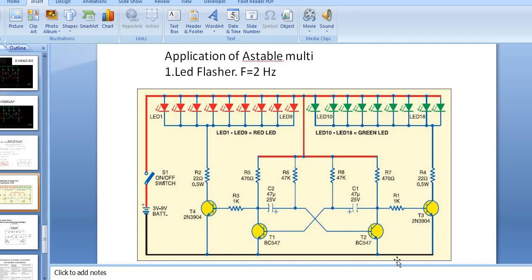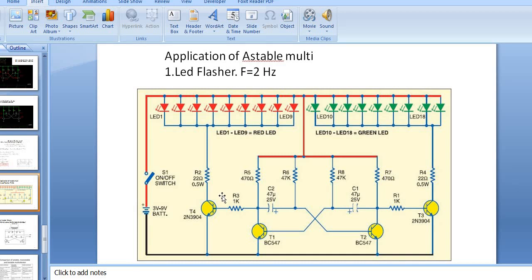A similar argument is made for T1. If T2 is off, T1 will be on. If T1 is on, the base voltage at T4 will be sufficient to drive T4 into saturation. If it is driven into saturation, all red color LEDs will glow, right?